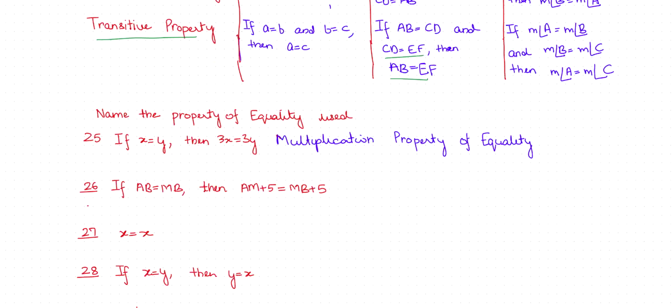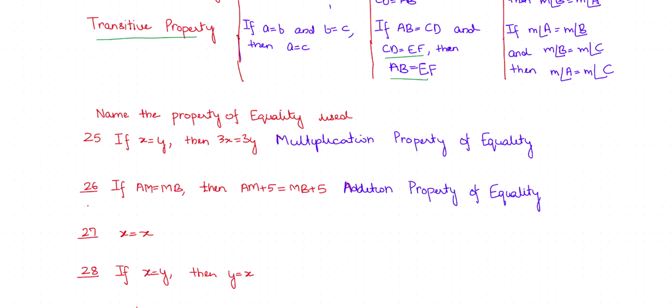So now the next: if AM is equal to MB, then AM plus 5 is equal to MB plus 5. So we are adding 5 to each side. So this is addition property of equality.